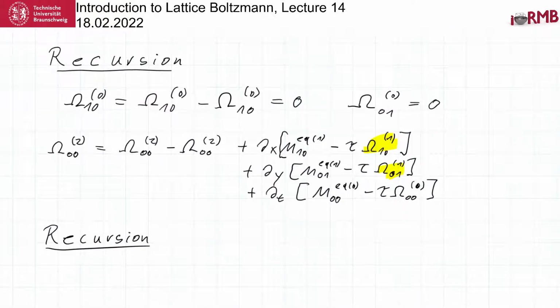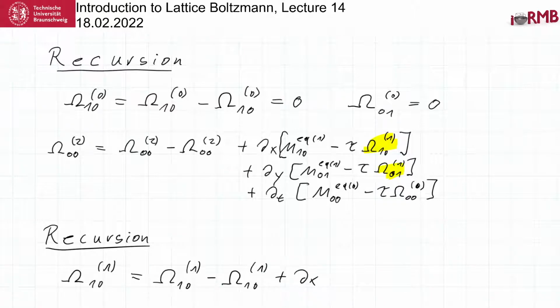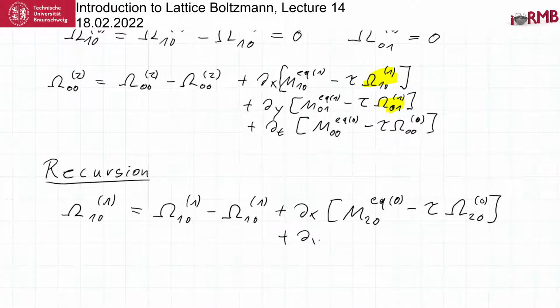So we have to look into what is omega 1,0 first order, which is omega 1,0 first order minus omega 1,0 first order plus dx m20 equilibrium to 0 order minus tau omega 20 to 0 order, plus dy m11 equilibrium to 0 order minus tau omega 11 to 0 order.